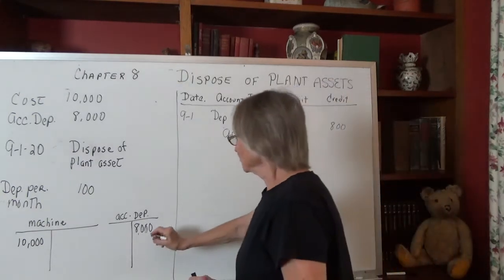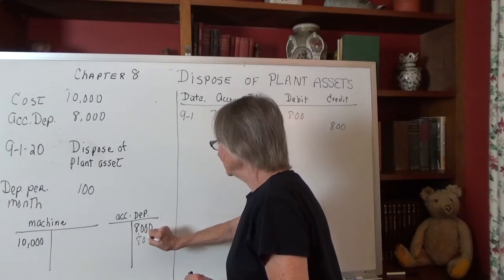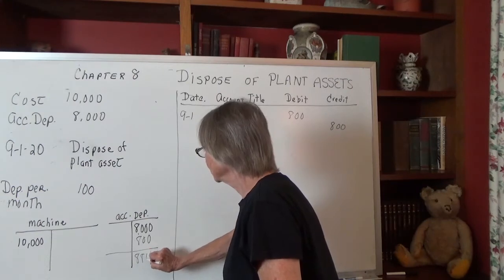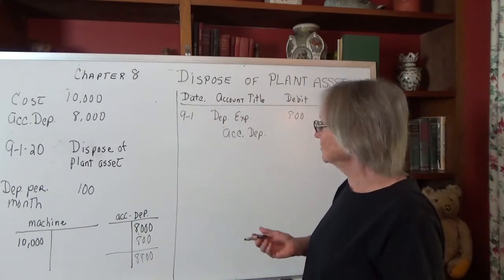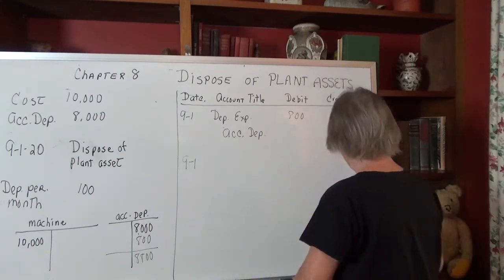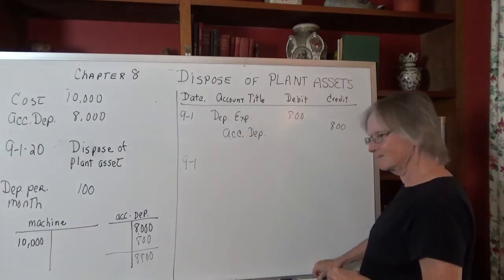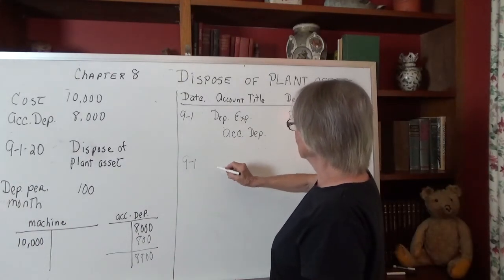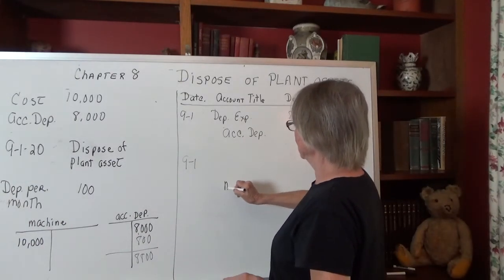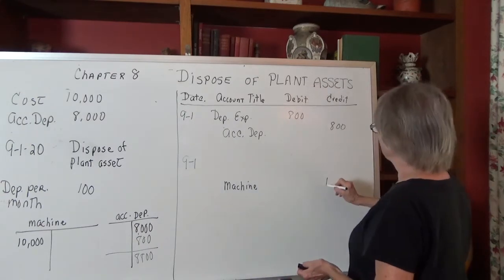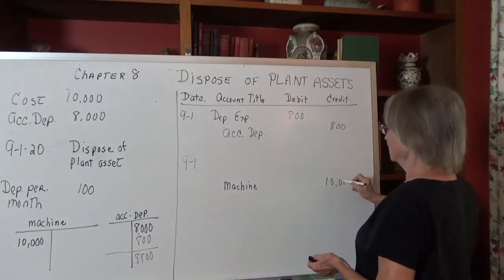The next thing you have to do is remember that you did that, so now your total accumulated depreciation is 8,800. Now we can sell the machine, now we can dispose of the machine. The first thing that happens is the machine has to come off the books, at what it came on, which is the cost of 10.